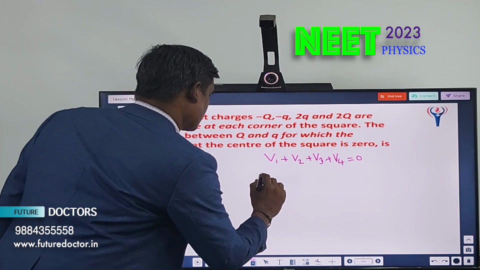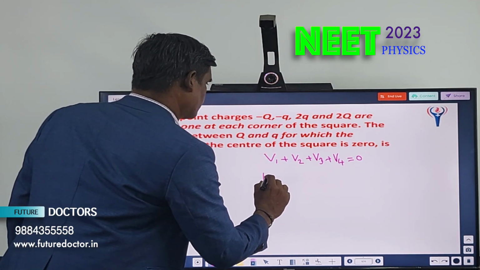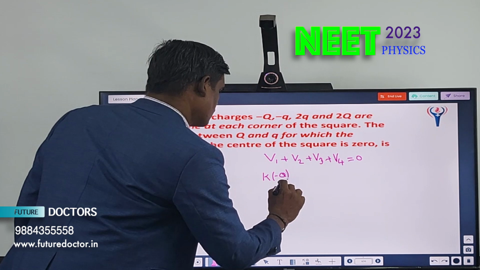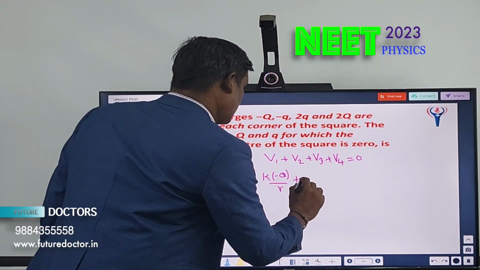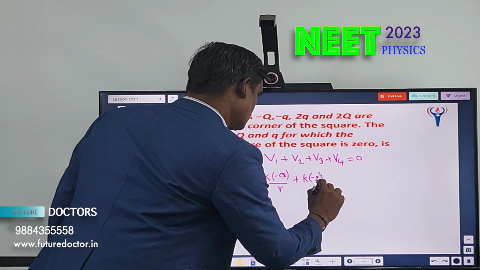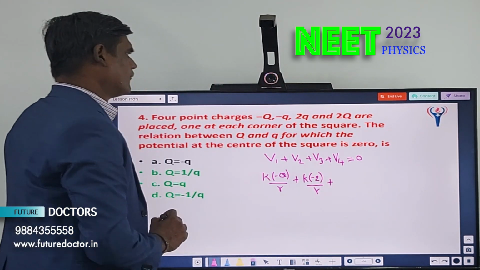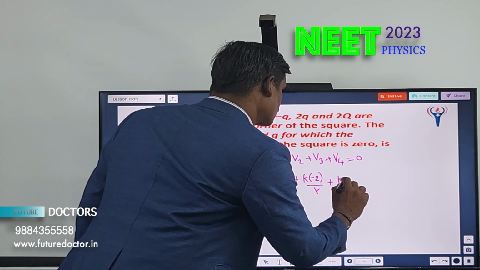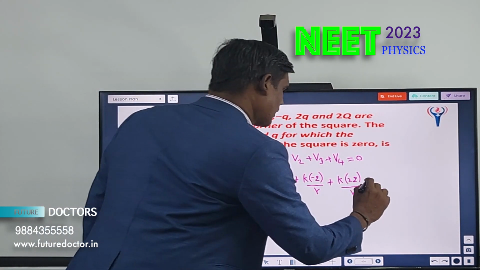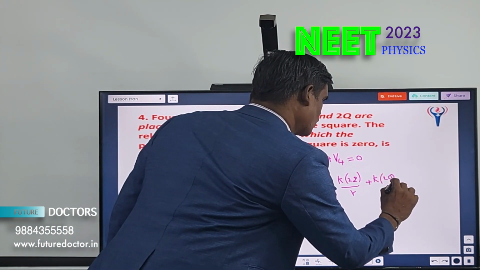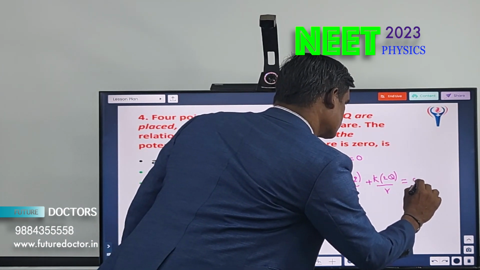That can be written as K. Q is minus Q. K minus Q by R plus V2 is K small minus Q by R plus V3 is K 2Q by R, plus V4 is K 2 capital Q by R, equal to 0.